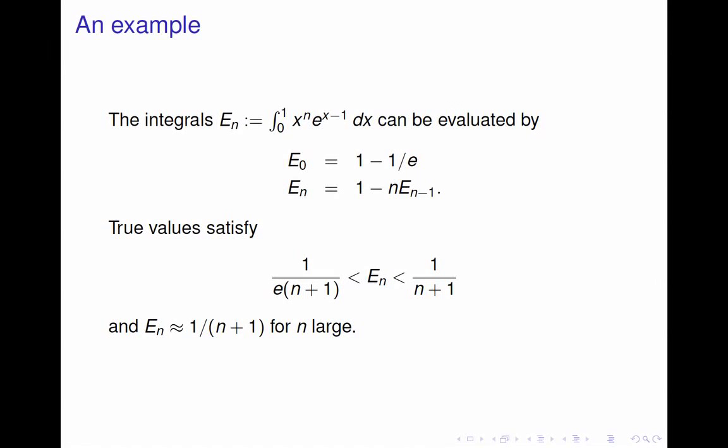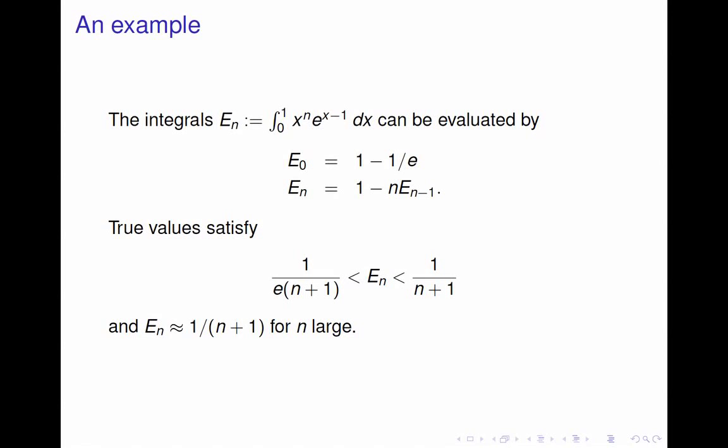If I compute the integral from 0 to 1 of x to the n times e to the x minus 1 dx, I can do that just by doing it for n equal to 0. And for n greater than 0, I can do integration by parts and reduce n by 1. So that gives me a recurrence: E sub 0 equals 1 minus 1 over e, and E sub n is equal to 1 minus n times E sub n minus 1.